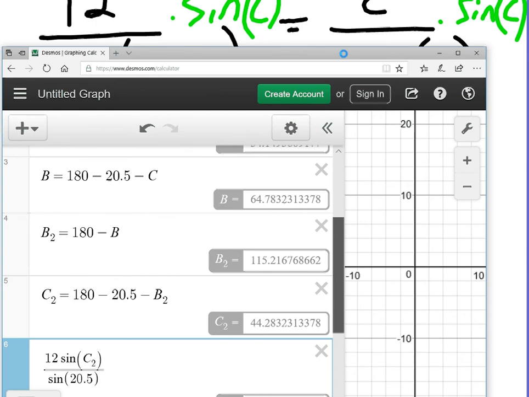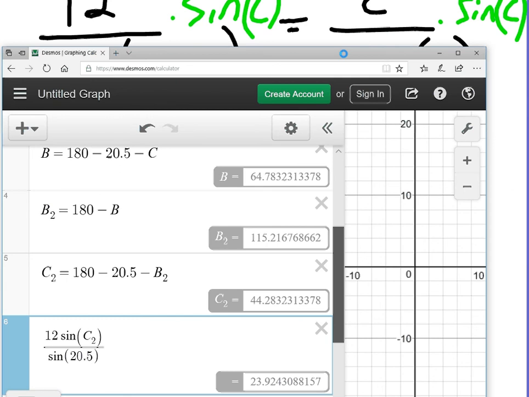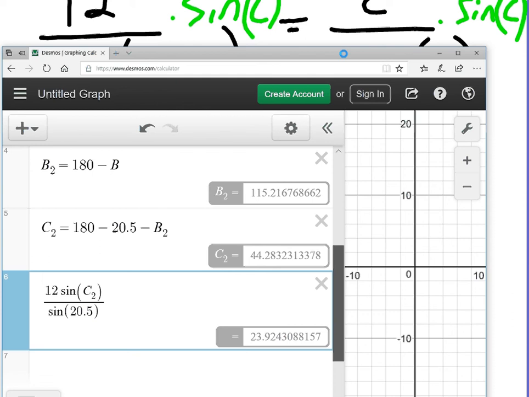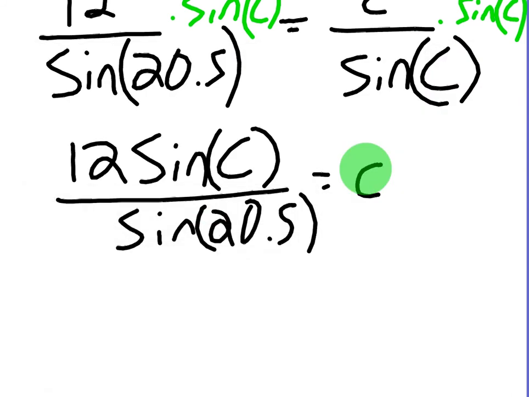So 64.783 was my first B angle. My second B angle I figured out by 180 minus that and stored that, and I stored my second C angle. That way when I plug it into the calculator, I get a nice 23.924, and I can round that just for my final answer. 23.924. And again, that's actually little c.